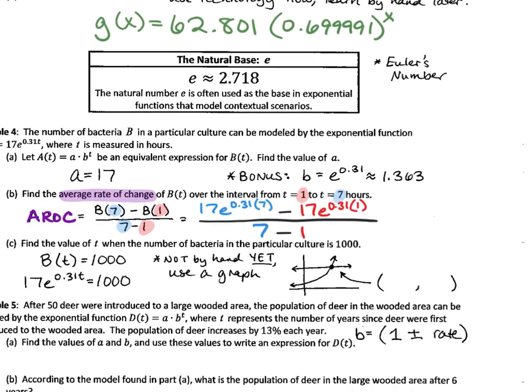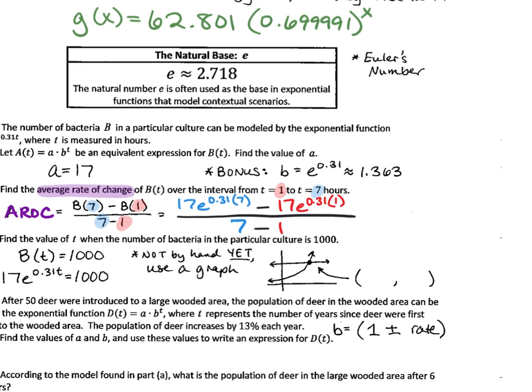So the average rate of change between hours 1 and 7 is 20.952 bacteria per hour. So those 17 bacteria are changing by about 20 every hour. Gross.